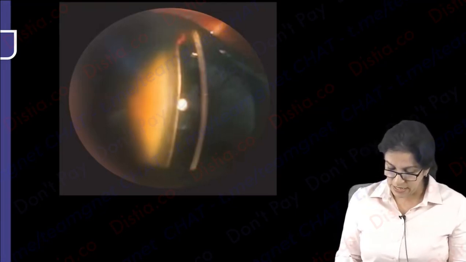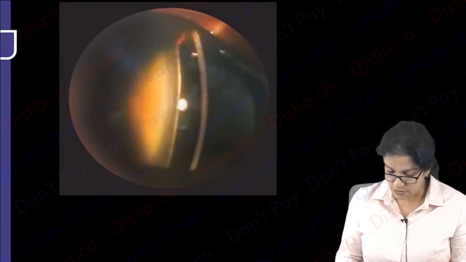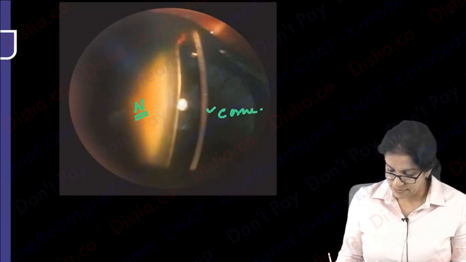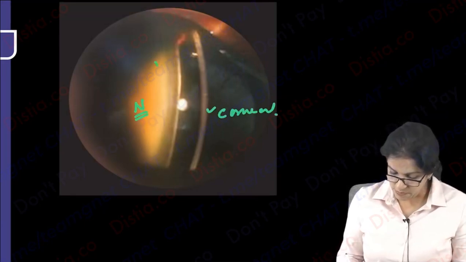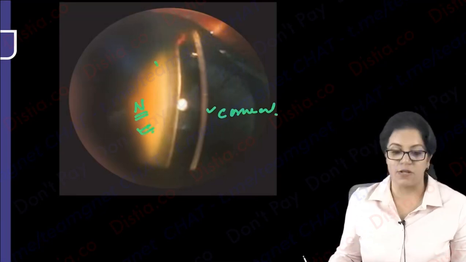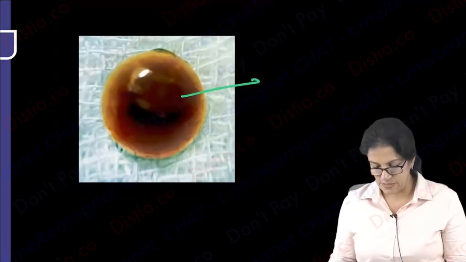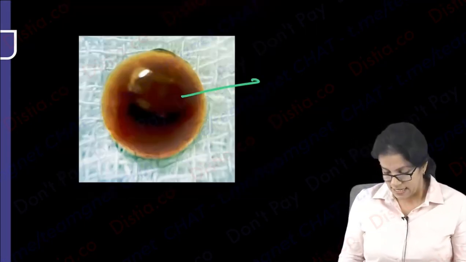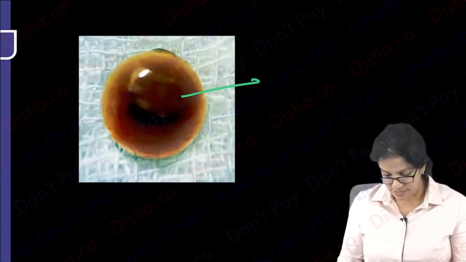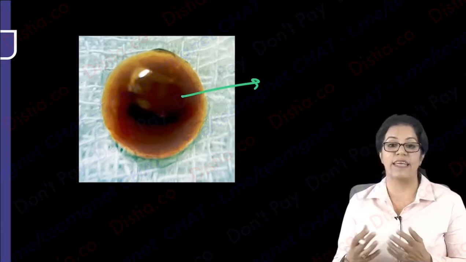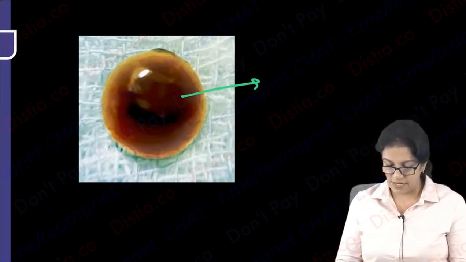Now this is almost brown. This is also nuclear cataract. This is a corneal section, and when it falls on the lens, all this part is nuclear, and after that this is all involved, but primarily it has involved the nucleus. So it's a nuclear cataract. And here when it becomes pigmented and black in color, we call it nigra, right? So this is a nuclear cataract.